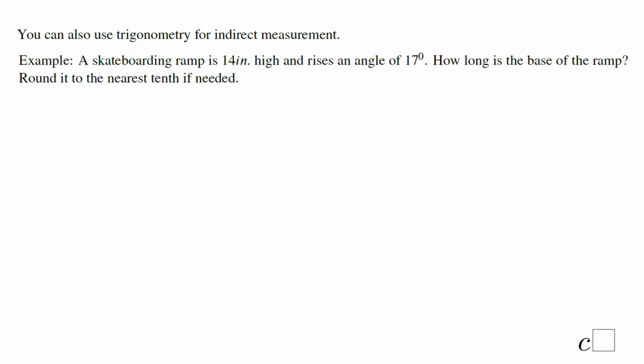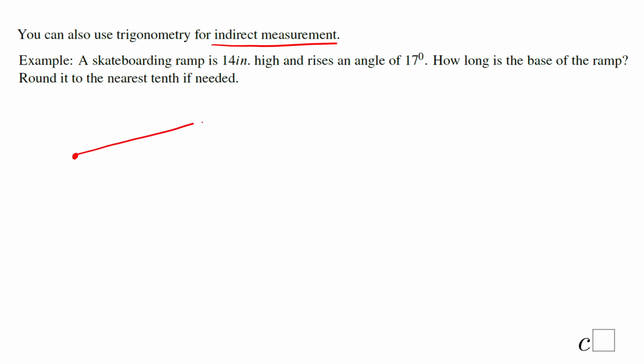Trigonometric ratios are very useful, especially when you want to do real-life applications involving indirect measurement. Like in this case, a skateboard ramp is 14 inches high and has a rising angle of 17 degrees. How long is the base of the ramp? Round to the nearest tenth. So let's make a picture.